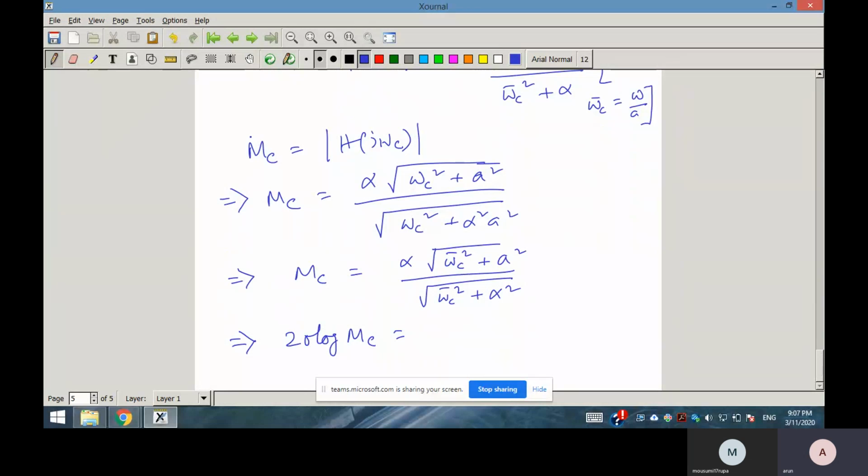Well, I should not use Mc here because Mc I have considered in dB. So 20 log of Mc bar, this is the gain. 20 log of Mc bar is equal to 20 log of alpha root omega c bar square plus 1 divided by root under omega c bar square plus alpha square.